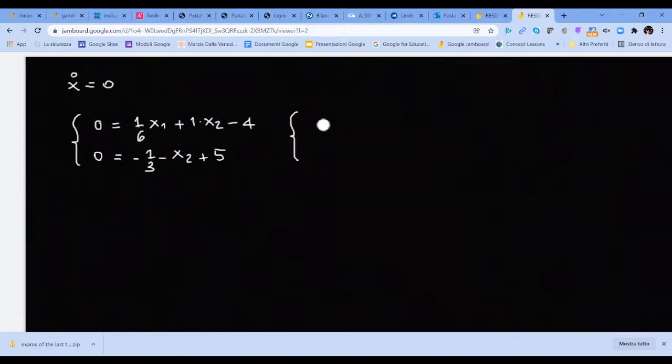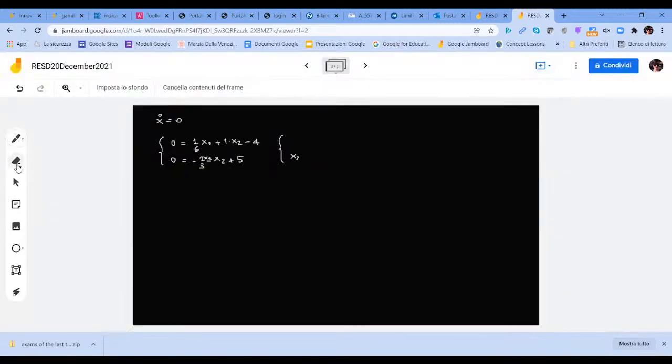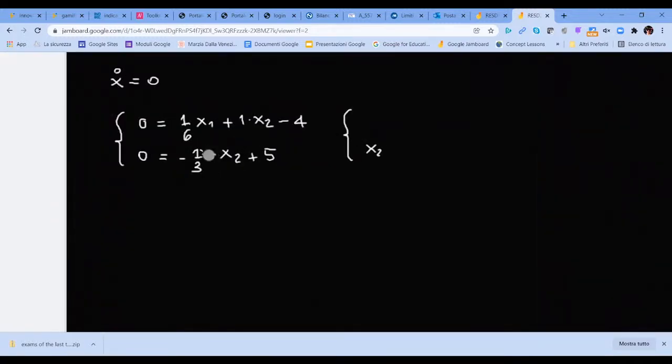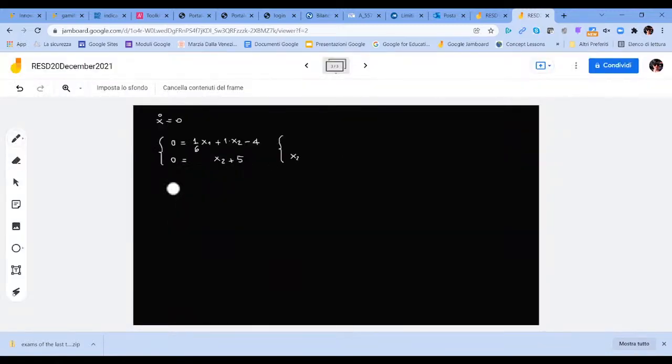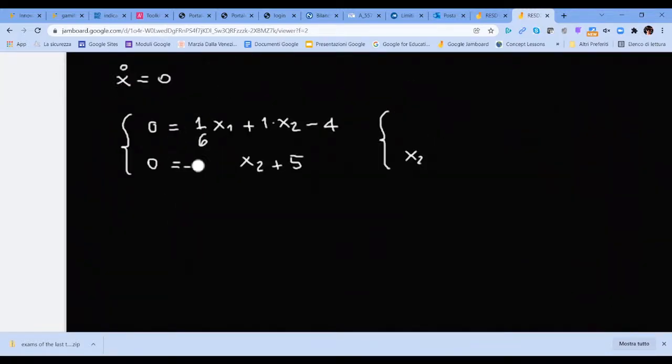So for instance, we can write x2 on the left-hand side, and x2 will be equal, I'm sorry, I forgot x1. Maybe I should write it better. This is minus 1/3 x1 plus x2 and so on.